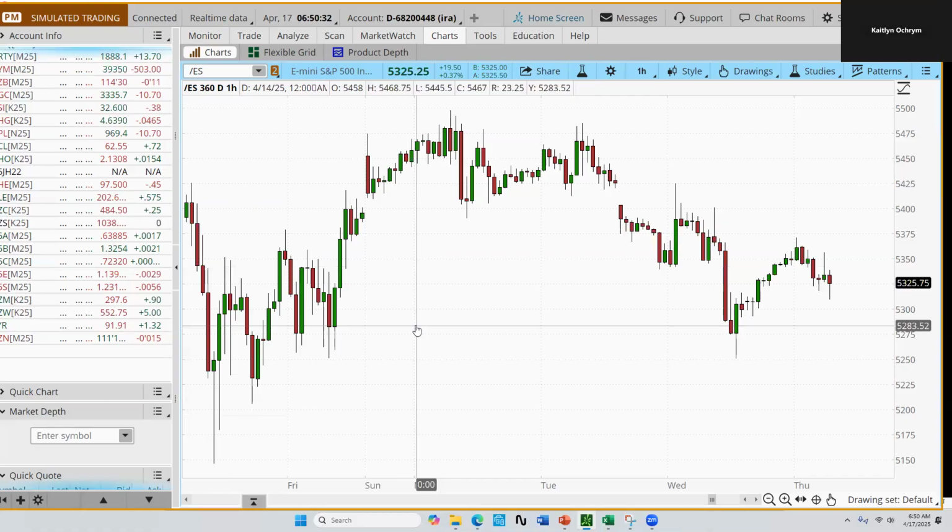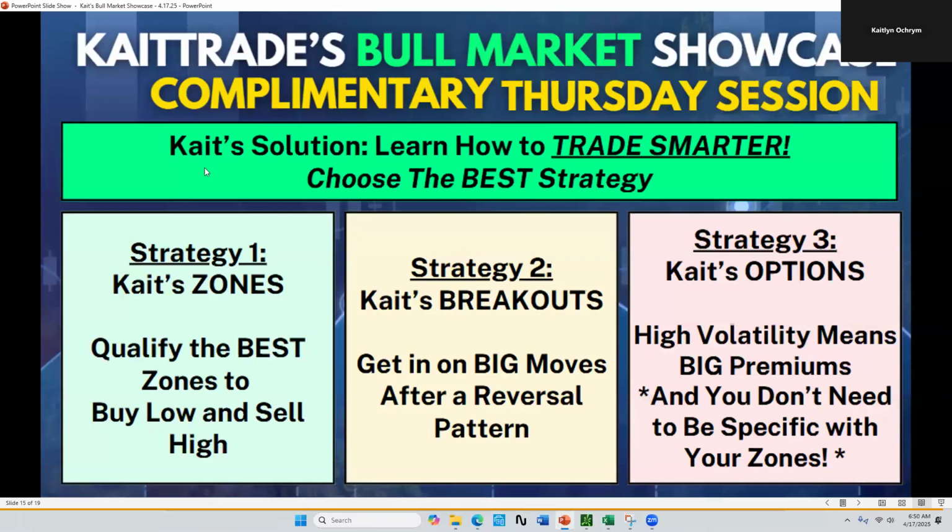So again, this upcoming 3-day bull market boot camp that we're having, there's going to be new information, and we're going to be doing our best to simplify it. Trading smarter means being able to identify zones. Which ones are the best zones to take? Basically, which ones have the criteria, and we're going to be bringing in some new information to help us qualify them.